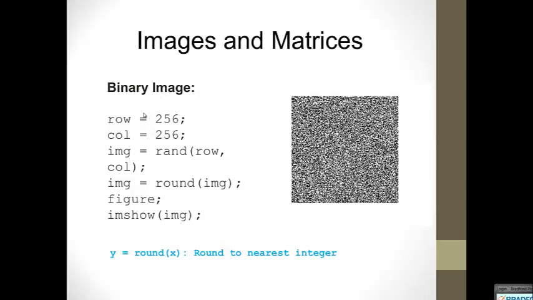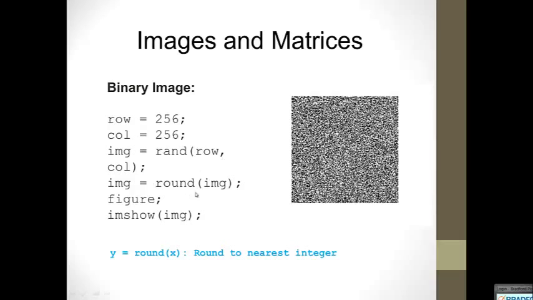Okay, the same, you can create a matrix, img. The row of the matrix is 256 and the column is 256. We can use another function, rand, which we know creates random values.